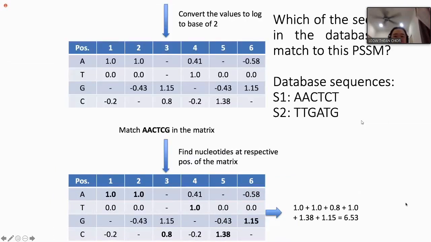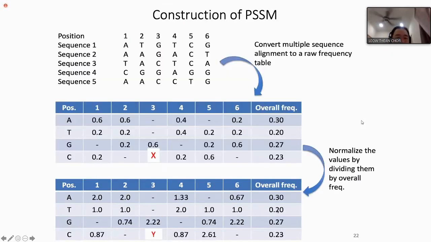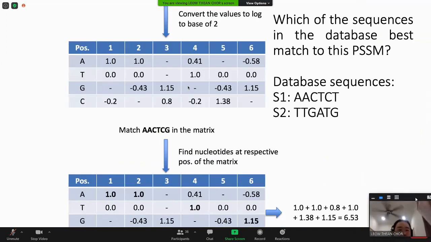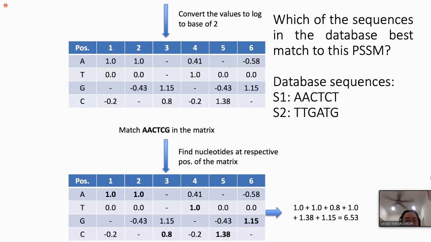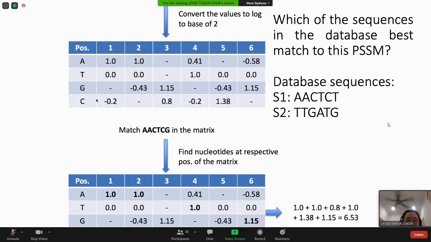Okay, and then in order to reduce computational time needed to do the calculations, the scores of PSSM are normally converted to log format. This is in the log format. Why? Do you know why? Because in order to reduce computational time, when the software does the calculation, if you convert it into the log format, it is easy for them to do the calculations.